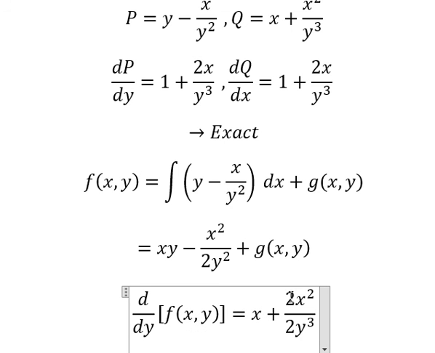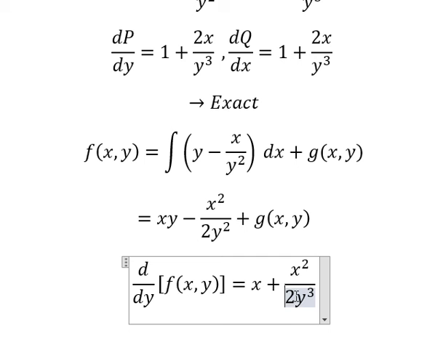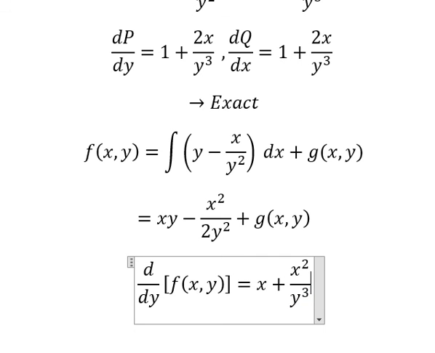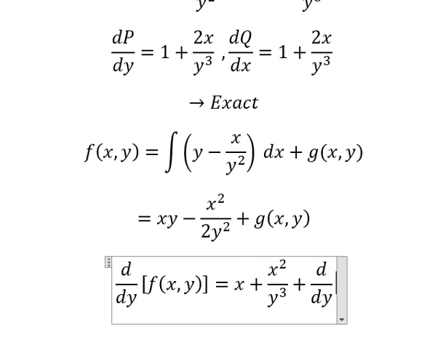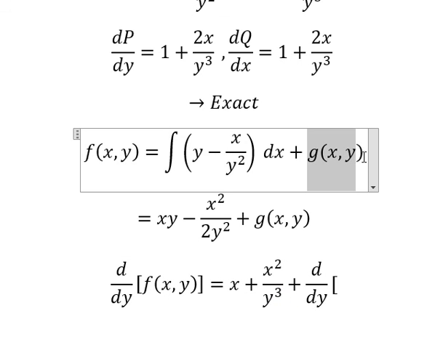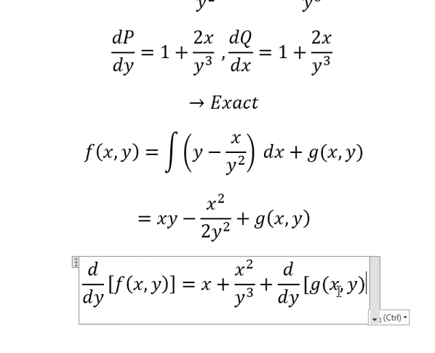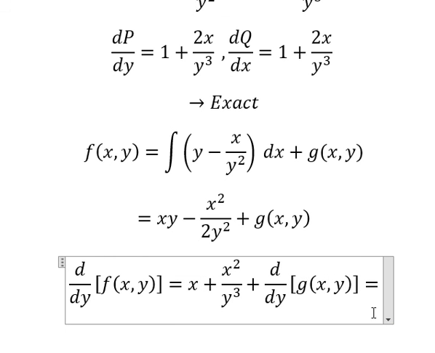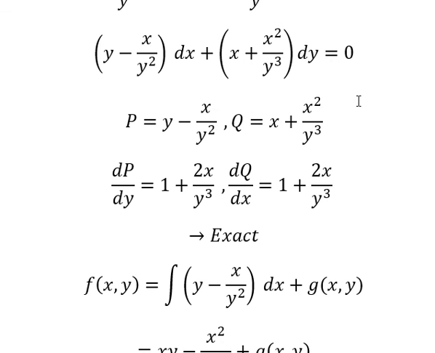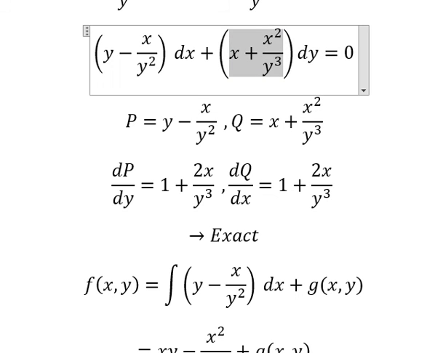So number 2 and number 2, they will simplify. And we have d over dy of this function in here. And we know that the derivative with respect to y, we have same with this one in here.